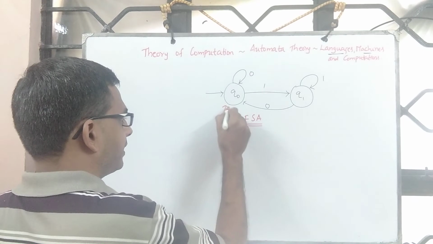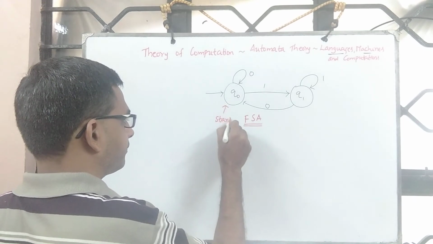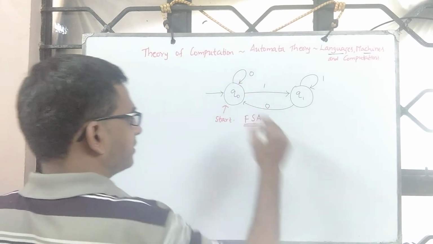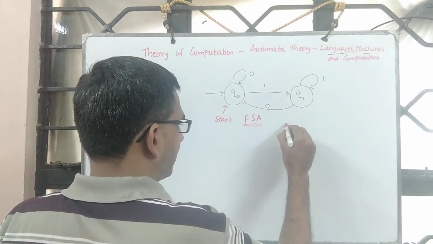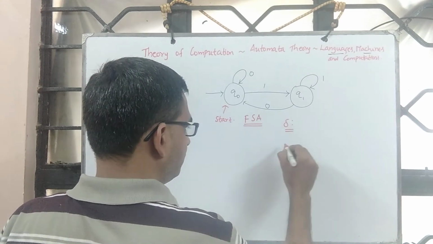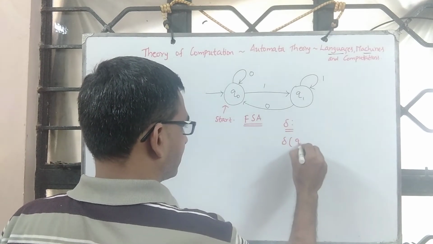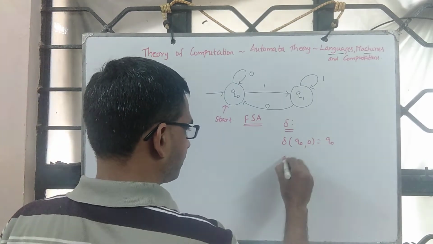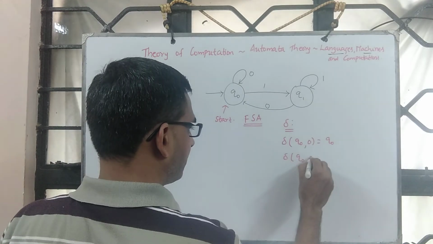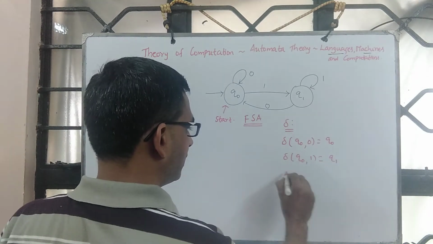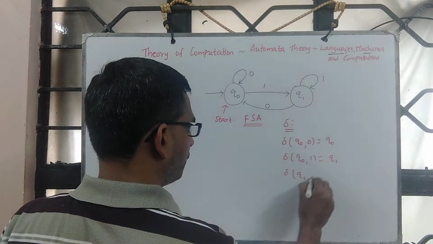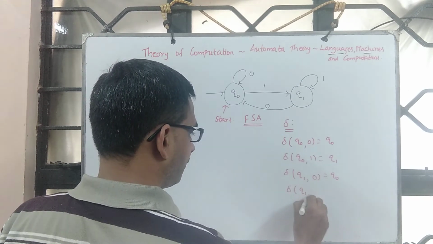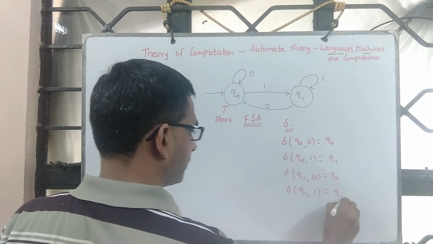This is my start state, and if you look at the delta, the description is like this: delta of Q0 comma 0 is Q0, delta of Q0 comma 1 is Q1, delta of Q1 comma 0 is Q0, delta of Q1 comma 1 is Q1.